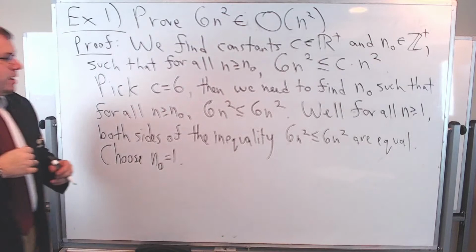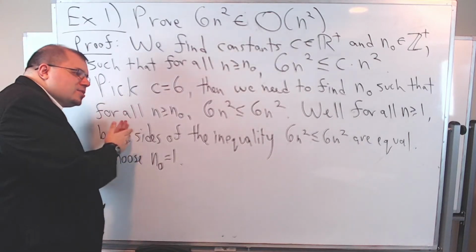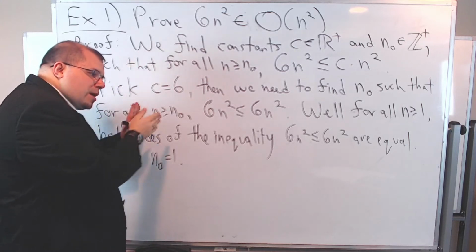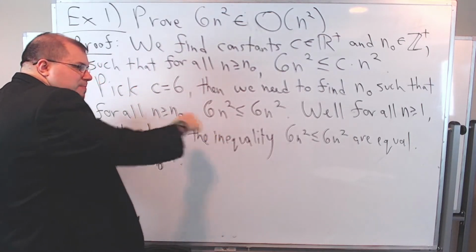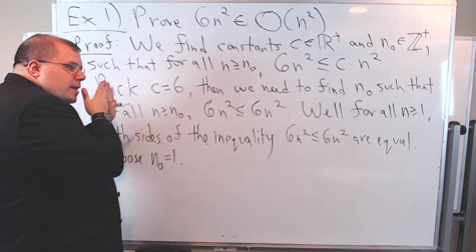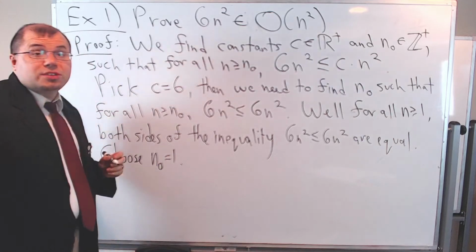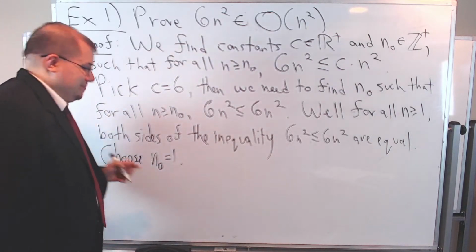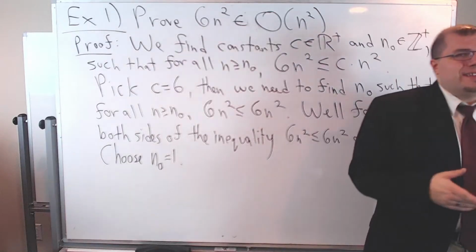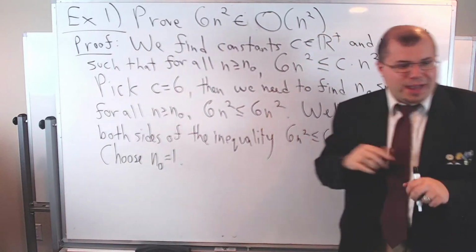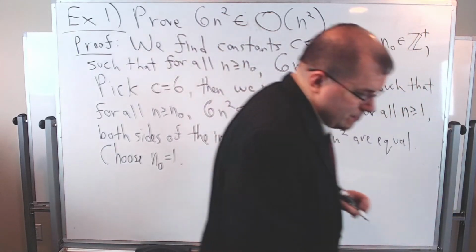Proof-wise, as long as you give me something that works, n0 could be any point that is sufficient to make this inequality work, and any point after it, okay? So I could have used n0 is equal to 2 and that would be fine too. But usually when you're writing up a fancy proof, you'd like to try to find the smallest n0 given some c, if you can. So I'm done, right?